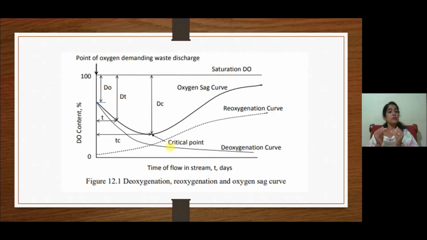This mainly happens due to the re-aeration of the dilution water. This dotted line shows the reoxygenation curve, and the combination of deoxygenation curve and reoxygenation curve gives the oxygen sag curve.